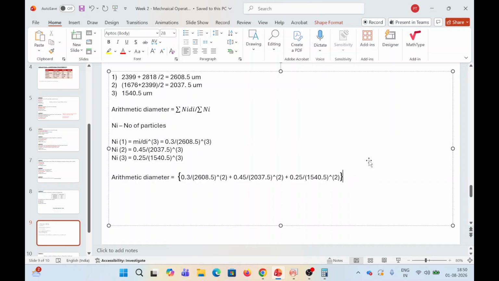This whole thing is divided by the summation of Ni, which is basically the summation of all the three.